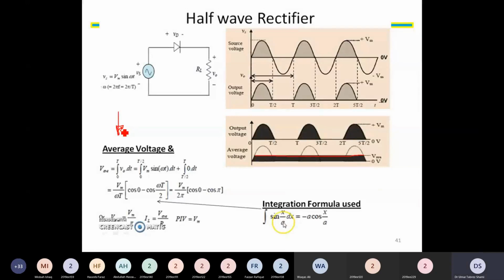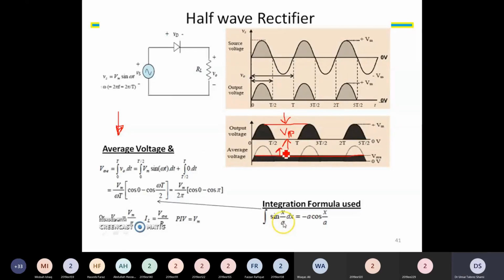Now, in order to reduce the ripple, and yes, we have a ripple voltage of this amount from maximum voltage to minimum voltage, and this is equal to V peak to peak. So what we have to do is reduce the peak to peak voltage and increase the average voltage.